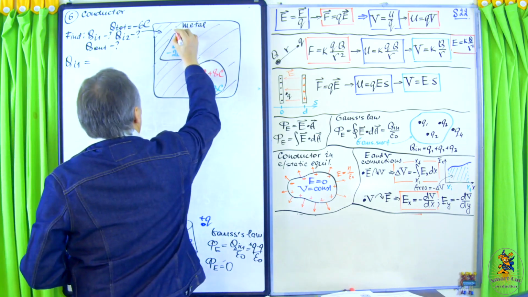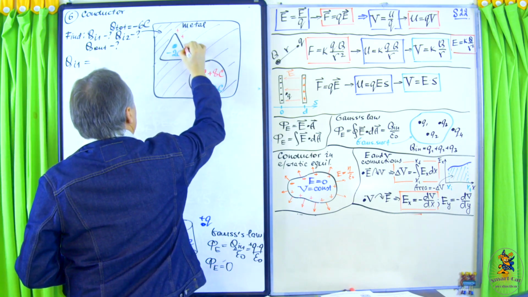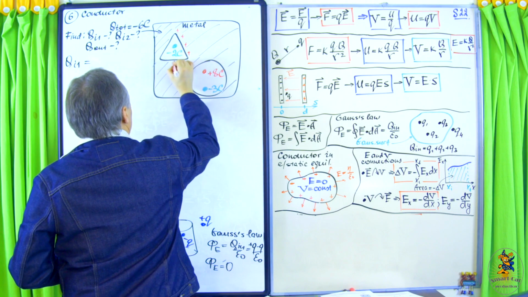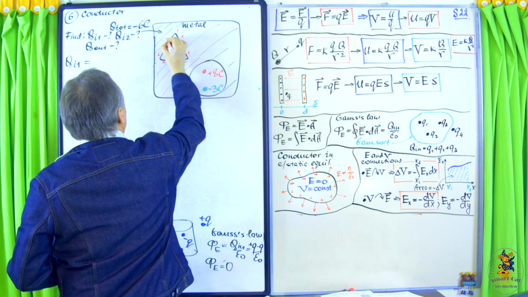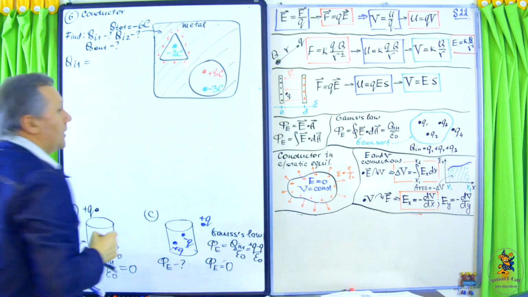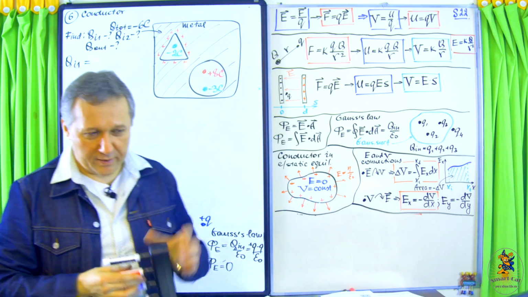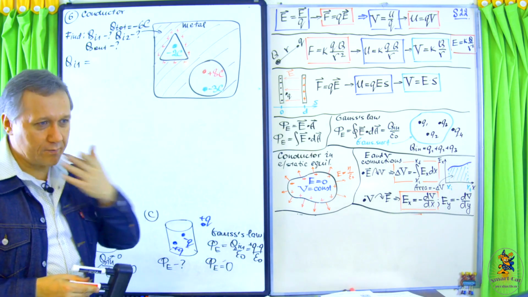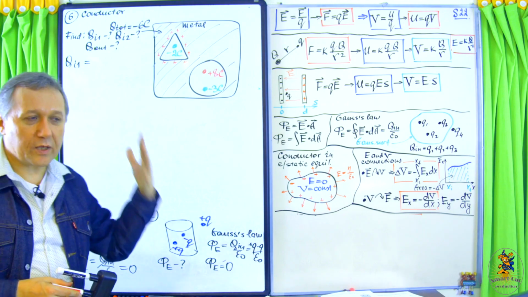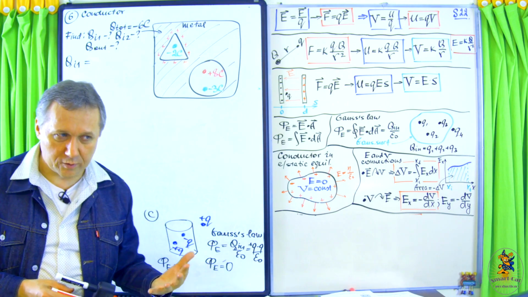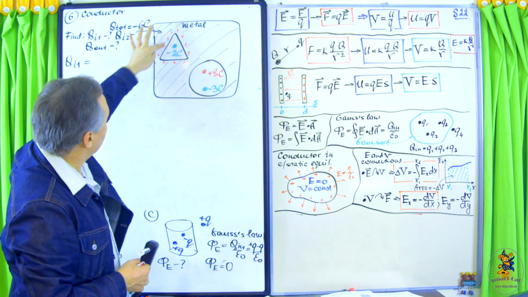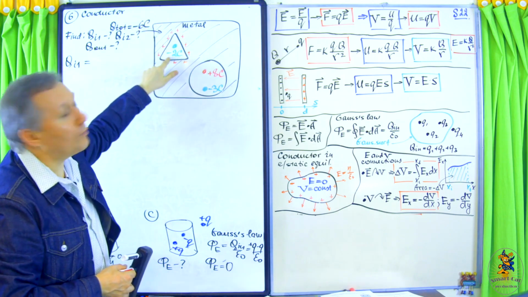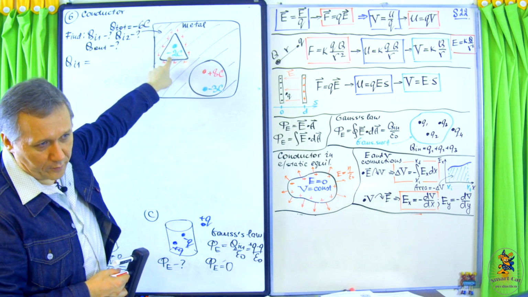So over here we're going to have plus, plus, plus, plus. Of course, the distribution is going to be complicated because it's not a cylindrical surface, it's a triangular surface. But we don't care how the charge is distributed. We know that the total amount of this positive charge will be +2 coulombs.